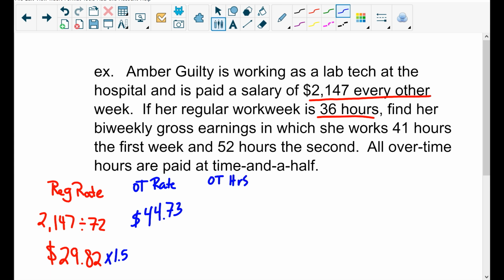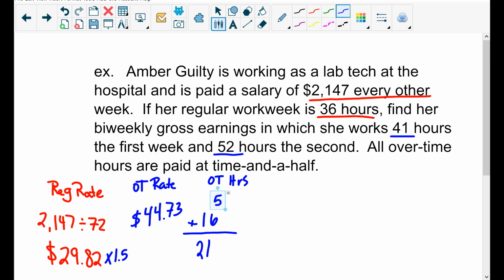The first week she worked 41 hours. How many OT hours are there? Regular's 36, so that means 5 overtime in that first week. The second week she worked 52 hours, which means 16 overtime. It's a lot of overtime. If I combine those together, 5 and 16 gives me 21 total overtime.